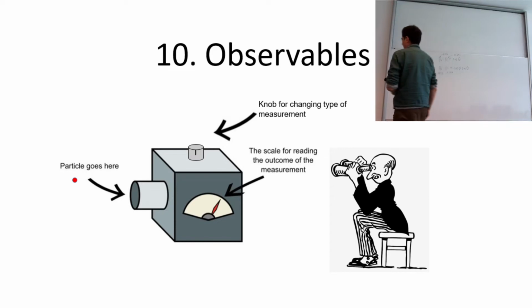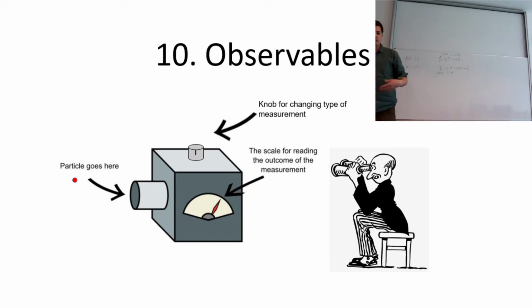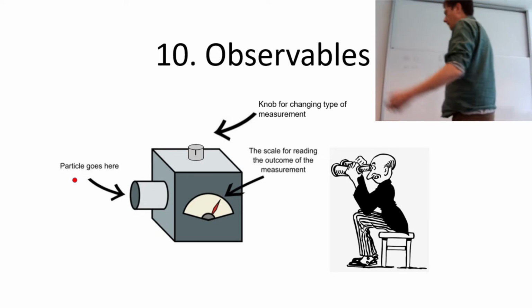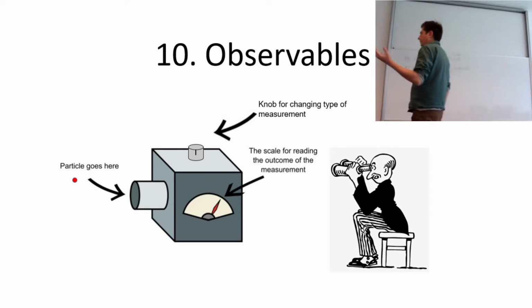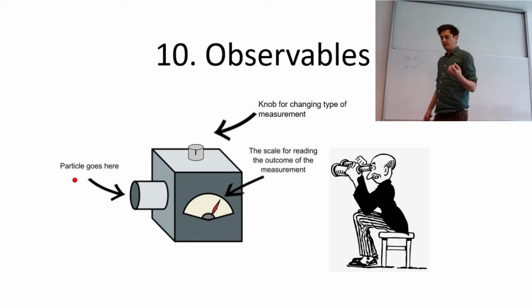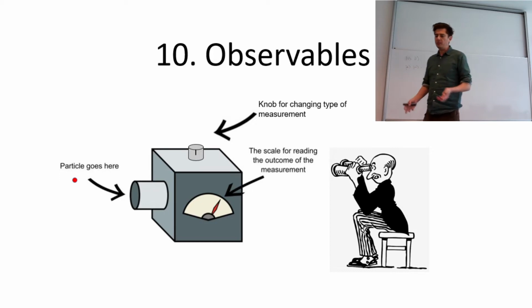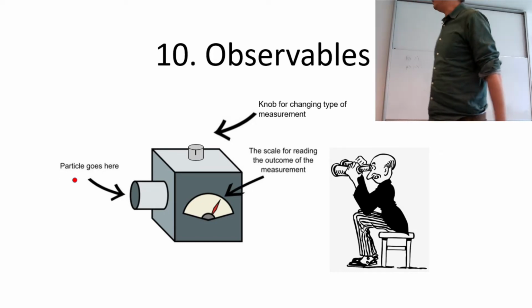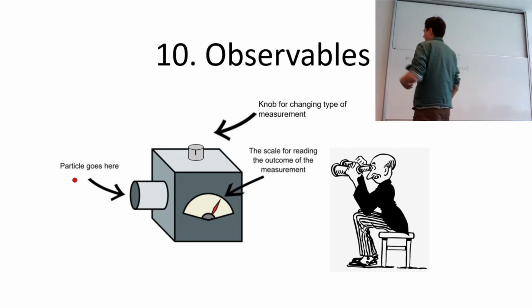So how do we go from measuring probabilities, which is basically what we've been talking about up until now, to actually getting physical quantities? Like, here's a particle, I don't know what the position is, right? Not just some probability. How do we go between probabilities and actual observables?